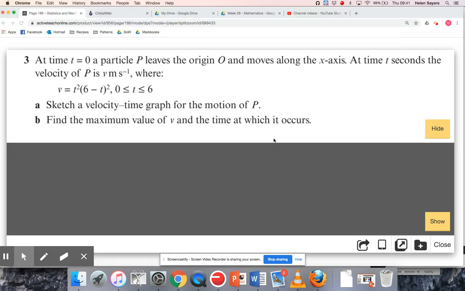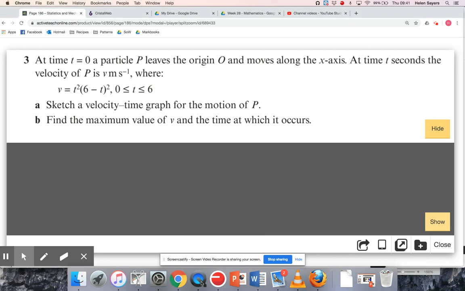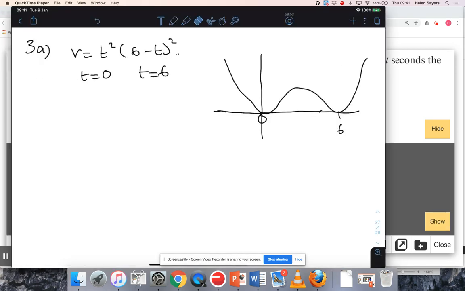If I go back to the question, this function is only valid for values of t between 0 and 6, so my graph should only start at t is 0 and end at t is 6.